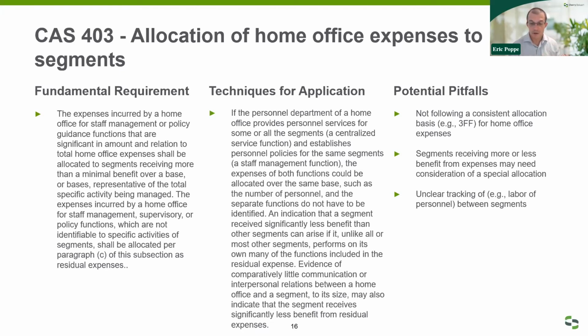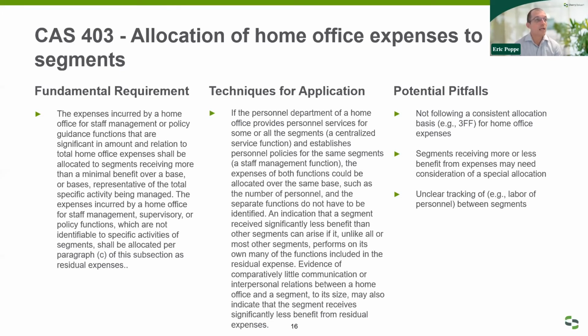Another example of pitfalls is a segment is receiving more or less benefit from that expense, and there may need to be a consideration for a special allocation. So that allocation is not equitable and it needs to be reevaluated or maybe directly allocated, but it just does not make sense for what's going on. Or there's just unclear tracking between the segments.